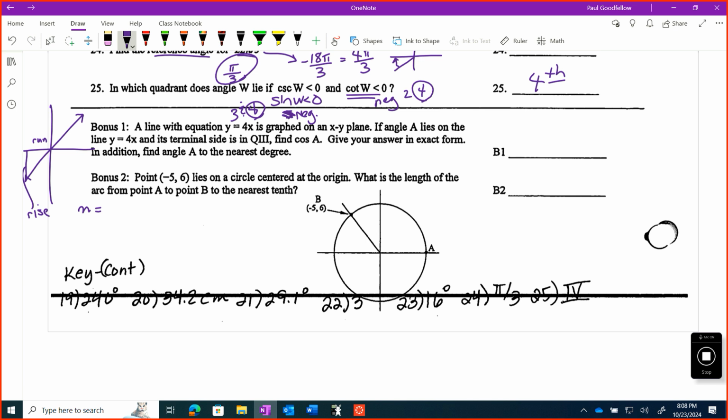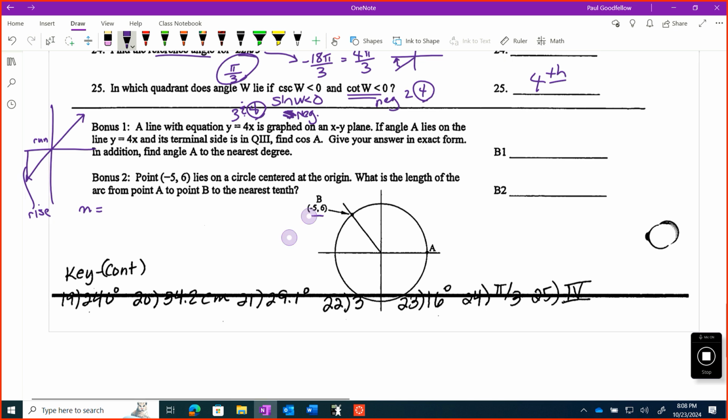Okay? The second bonus, I'm not giving that one away because you should really be able to think about that and pull it off. Here's the coordinate -5, 6. In this one, I draw it down and this is 5 and this is 6. And I'm sure I'm probably going to have to find the hypotenuse. And then it says, what's the length of the arc from point A to point B to the nearest tenth? Well, you're going to have to probably come up with this dimension, which is the radius of a circle.